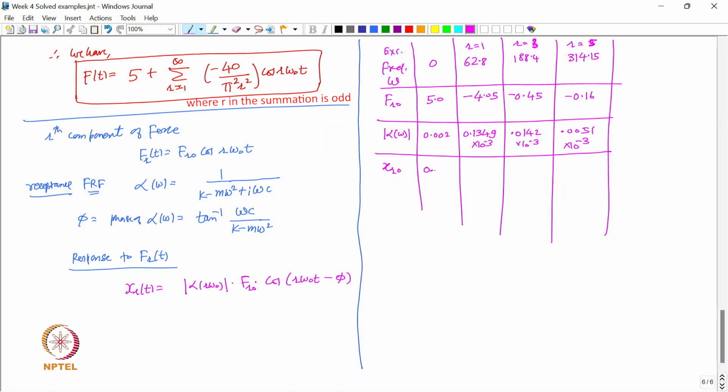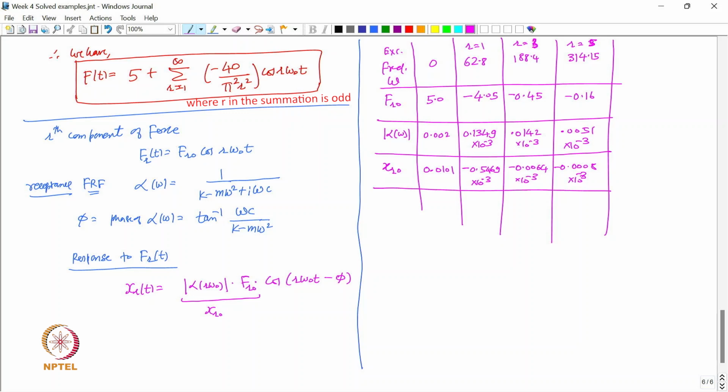That turns out to be 0.0101, minus 0.5469 into 10 to the power minus 3, then minus 0.0064 into 10 to the power minus 3, and minus 0.0008 into 10 to the power minus 3. That is what we get.